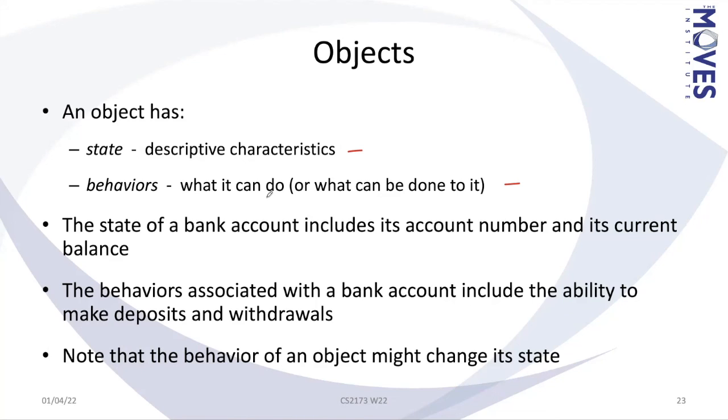Behaviors would include things like opening the account, making deposits, withdrawals, and closing it, and a behavior might change its state. So if I have an object that represents a bank account and a behavior that is a method that says deposit X amount, then it changes the state of the balance to increase by the amount that was deposited.